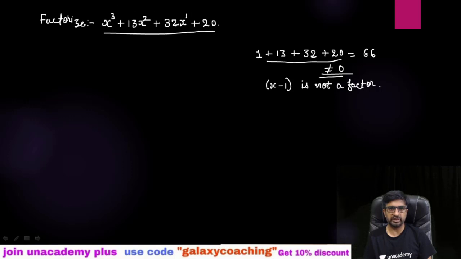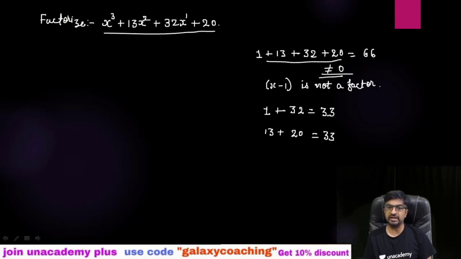The coefficient of x cube is 1 and the coefficient of x raised to 1 is 32, and you need to add them. So 1 plus 32 is 33. Then the coefficients of even powers, x square and x raised to 0, are 13 plus 20. So that is also 33.